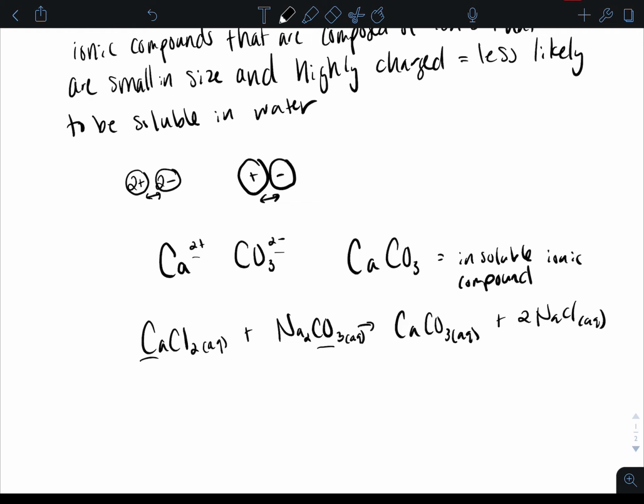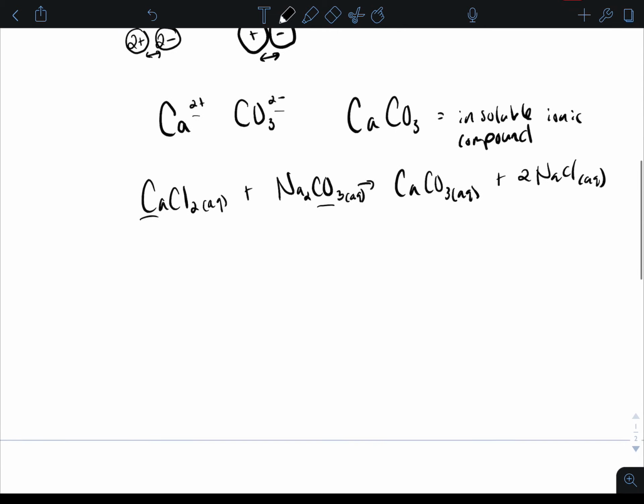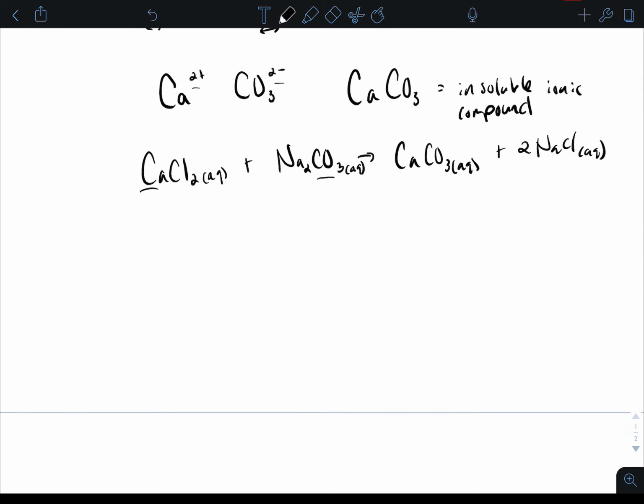Now, there are a set of rules for determining solubility of ionic compounds, not just large charge, insoluble, small charge, soluble. So we're going to go through this. Generally, we look at things that are always soluble or mostly soluble, and then things that are always insoluble or mostly insoluble. We're first going to start looking at our soluble complexes.